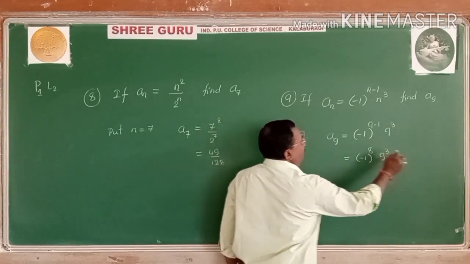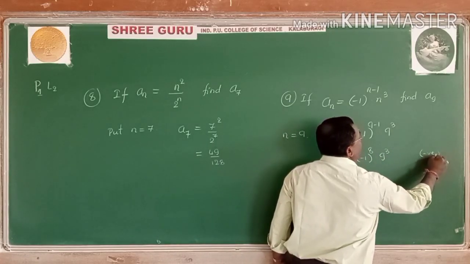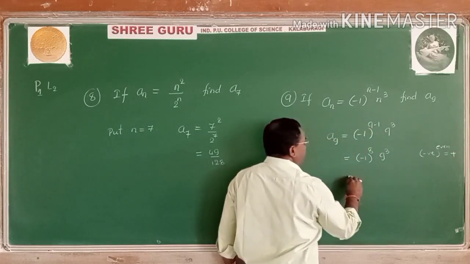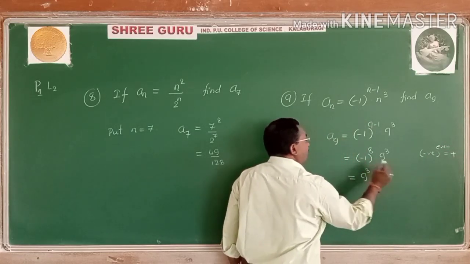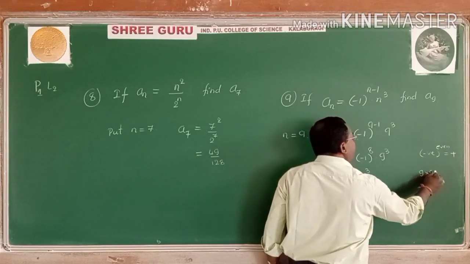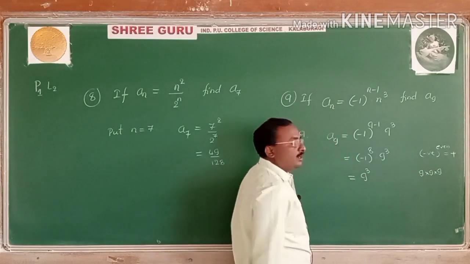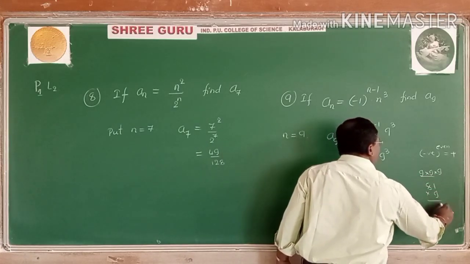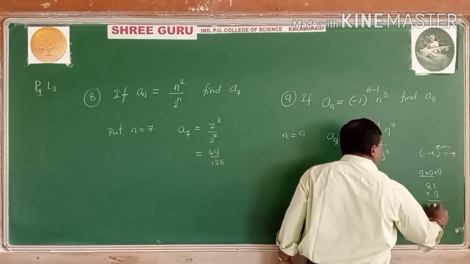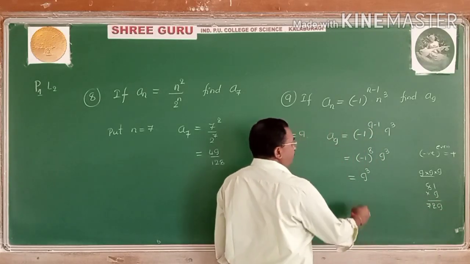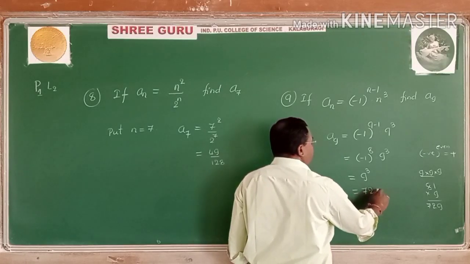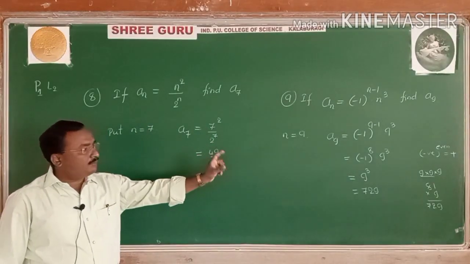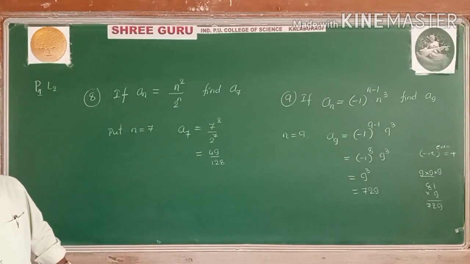Negative to the power even is always positive, so it is 9 cube only. 9 into 9 is 81, multiplied with 9 gives 729. Do the simplification in the rough work. The value is plus 729.